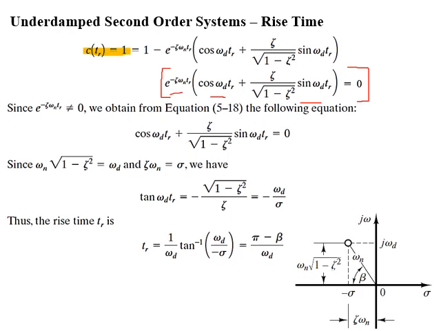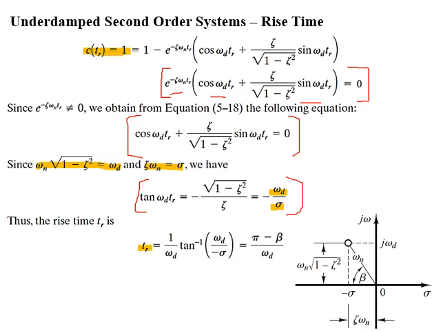Now we know that the exponential term will be 0 at time equals infinity, and this term can't be 0 at rise time. Now solving the cos and sine terms, we reach tangent of omega d times rise time equals negative square root of 1 minus zeta square divided by zeta. Multiplying and dividing this by natural frequency, we get omega d, which is the damped frequency of oscillation, over sigma, which is the exponential damping frequency.